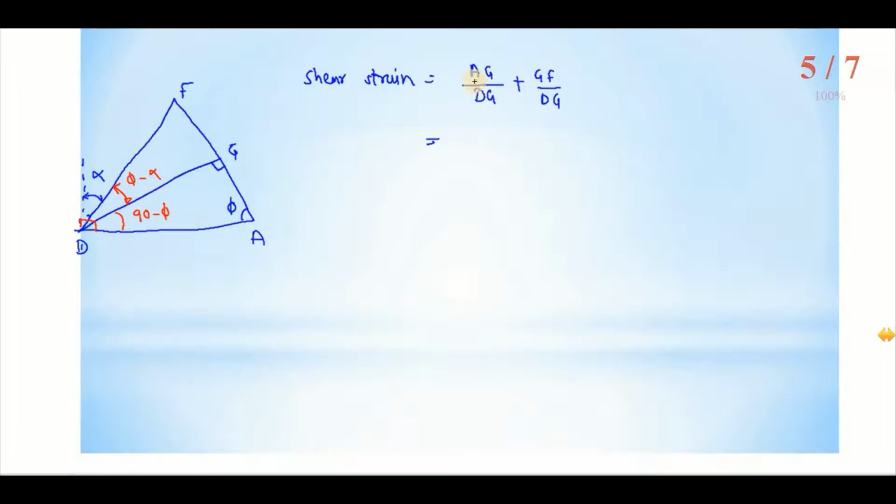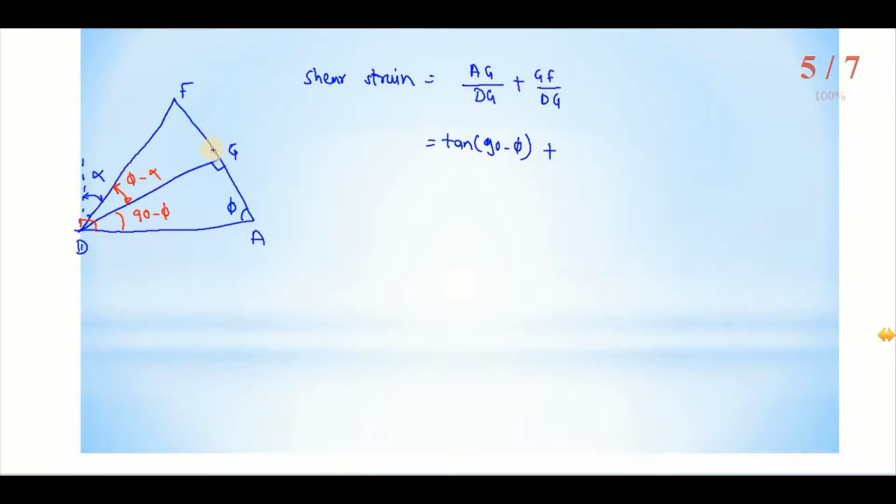Among these, in the first triangle, AG upon DG can be given as tan 90 minus phi. 90 minus phi will be given.